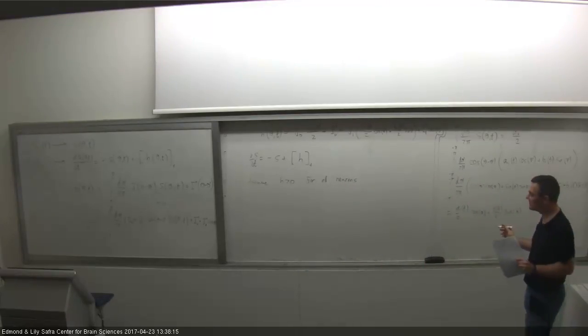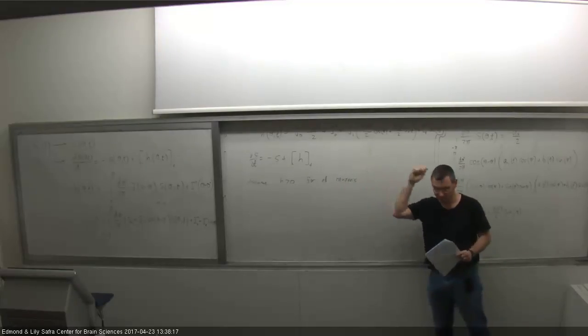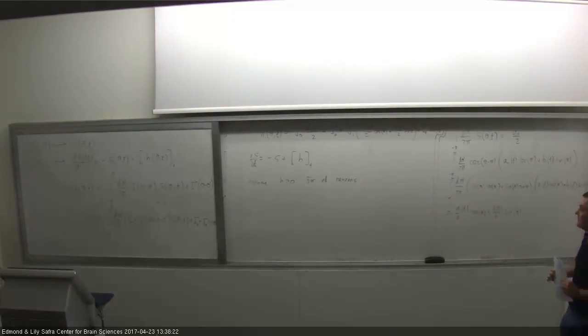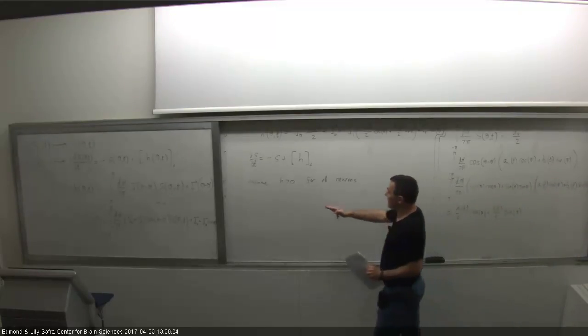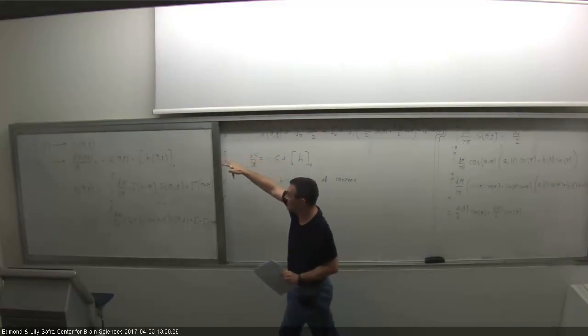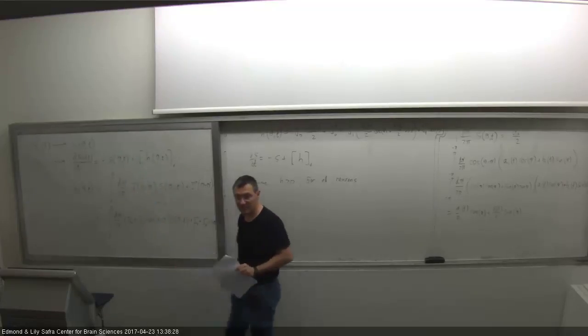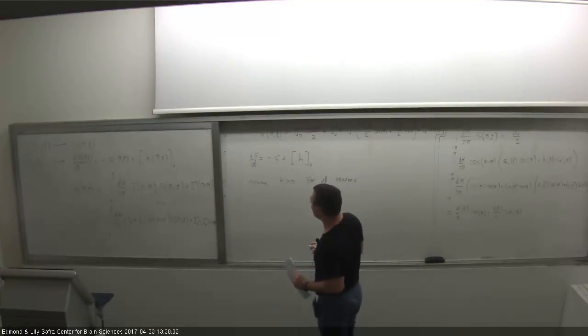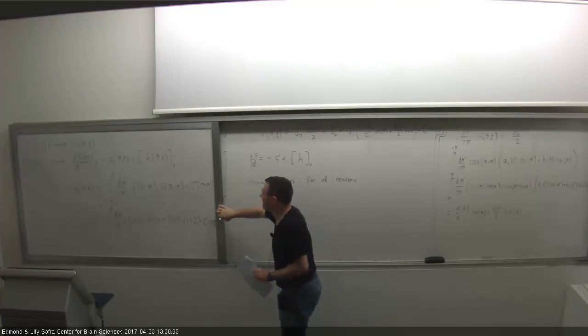It will not always be true, but let's first study a case in which it is true. So now we can write this equation as a set of independent equations for all neurons. So what would be the first equation?